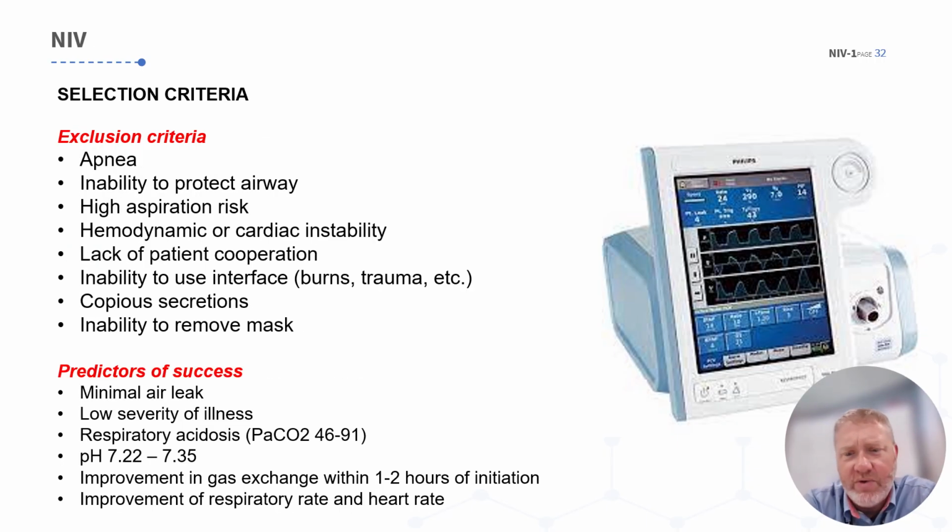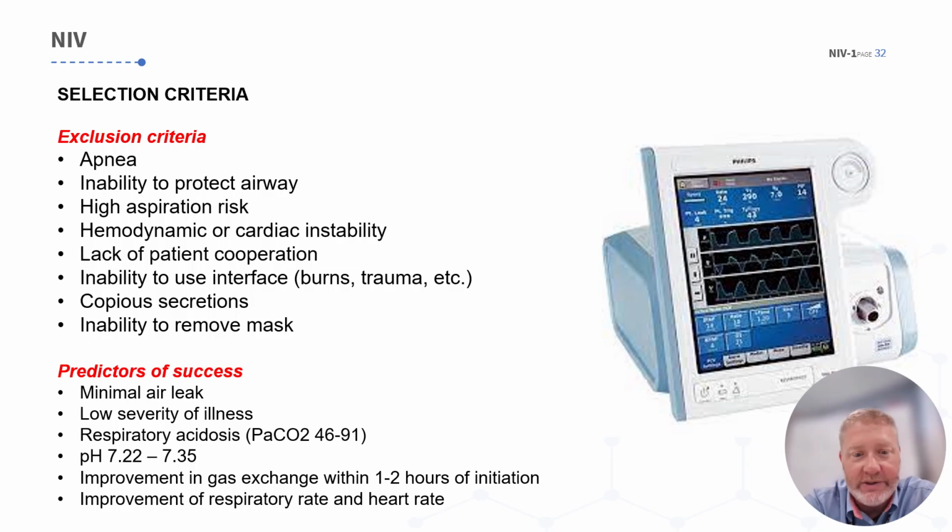Exclusion criteria for NIV. So when should you not use it? Well, if the patient's apneic, tube them. Inability to protect their airway, protect it for them, not with a mask. Insert something. High aspiration risk, not a good idea. Any kind of hemodynamic or cardiac instability, you really need to be careful about BiPAP, especially with the different pressure settings, so that they're not too high. Lack of patient cooperation.